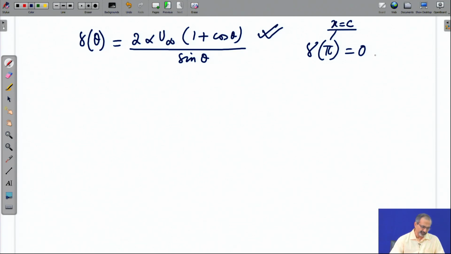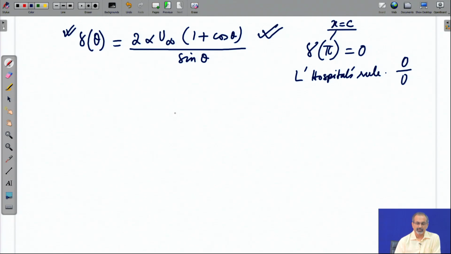This would come by application of L'Hopital's rule, because you will have an indeterminate form like this when you apply this gamma distribution. So, with L'Hopital's rule you will be able to obtain it.